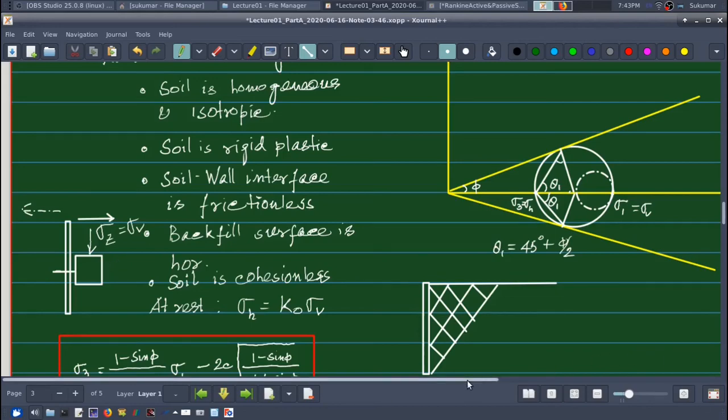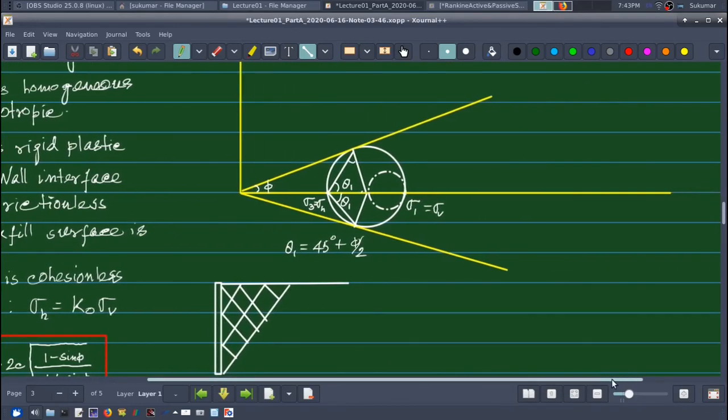So what will happen to the Mohr circle at failure? I will again start a circle with the same sigma v, and now my sigma h will go on increasing, so my circle will move in the opposite direction, and finally at failure it will just meet the failure envelope.